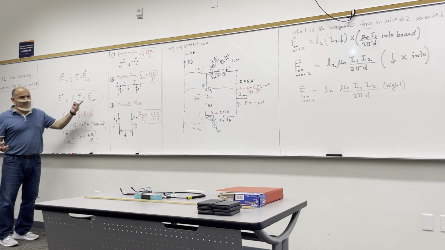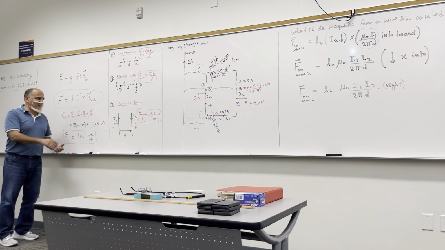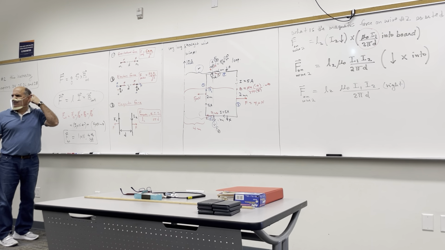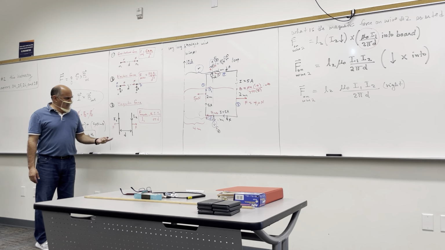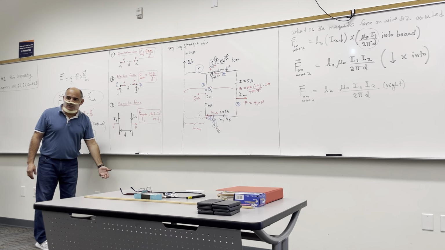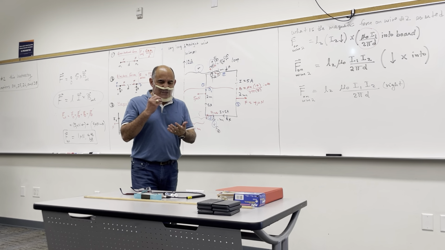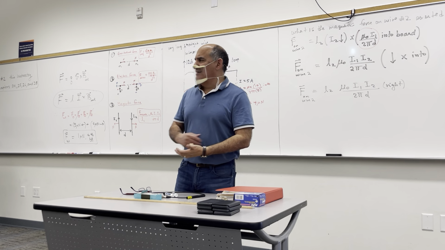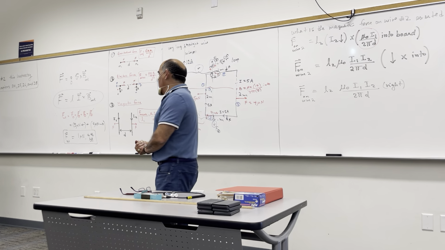Is it the one that generates the magnetic field, or is it the current on the thing that you calculated the force on? This is a length. Well, whose length? Like in this picture over here, whose length is it? Is it the one that's creating the magnetic field, or is it the one that's experiencing the magnetic force? So it has to be clear to you what each term in the formula means. And then there's a cross product in there, which, as you can see, it's very important to be familiar with.